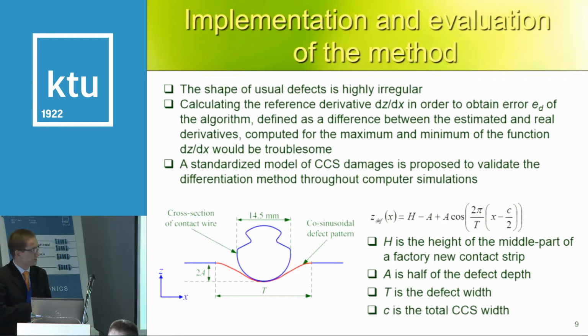So we proposed a co-sinusoidal defect pattern which corresponds to typical damages which we can observe in real conditions. This pattern is easy to implement and easy to parameterize.